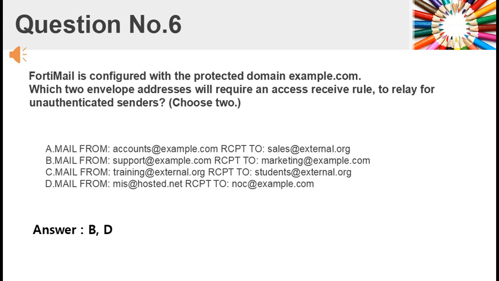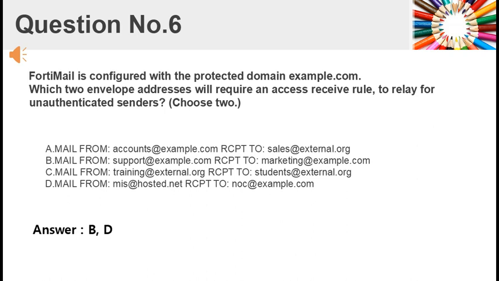FortiMail is configured with the protected domain example.com. Which two envelope addresses will require an access-receive rule to relay for unauthenticated senders? Choose 2. A. Mail from accounts at example.com RCPT to sales at external.org.